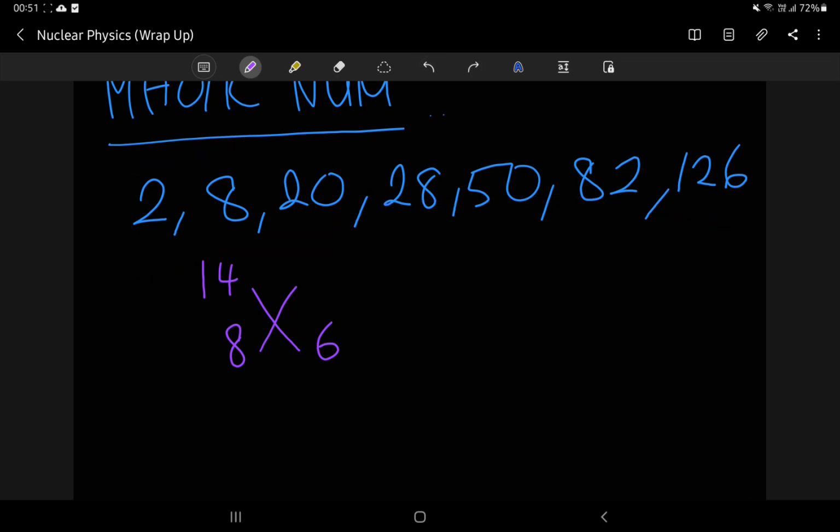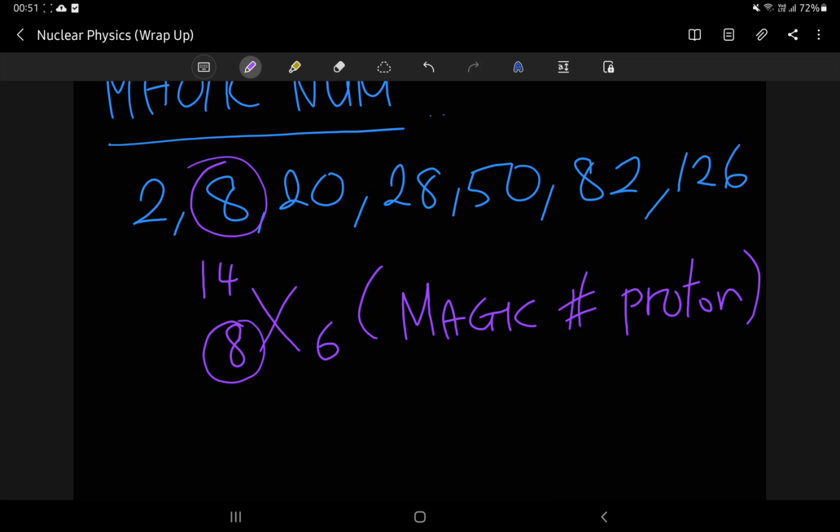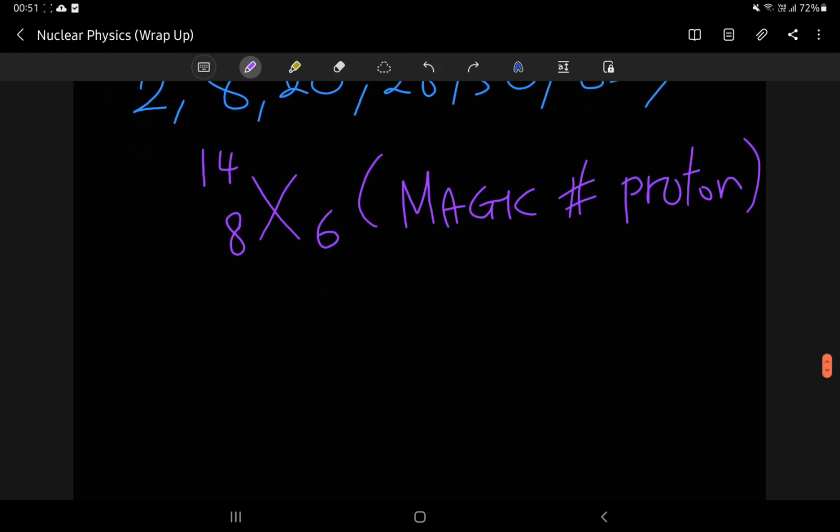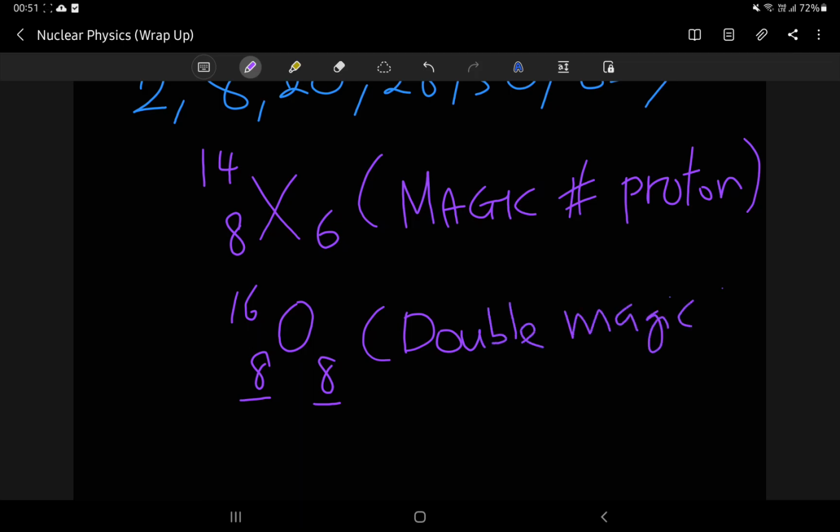This is a magic number of protons, because the proton number is 8, which is in the list of magic numbers. But if we have an atom with 8 protons and 8 neutrons, which is oxygen-16, this is double magic, which means both proton and neutron numbers are magic numbers.